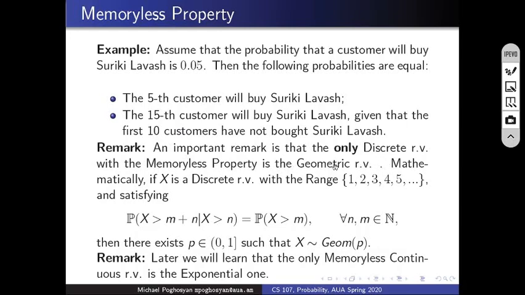Mathematically, the following holds: if X is a discrete random variable with a range consisting of all natural numbers, and if X satisfies this memoryless property for any n and m, then there exists a number p such that X is geometric with p. And later we will learn that the only memoryless continuous random variable is the exponential one.